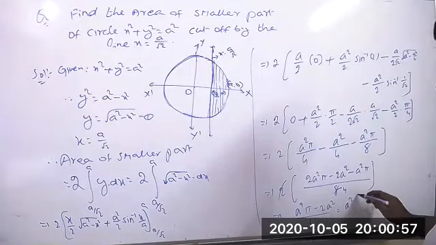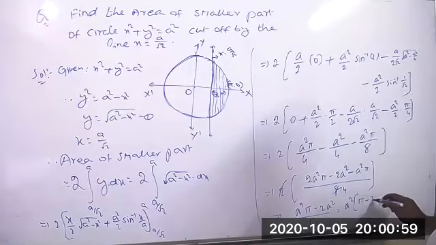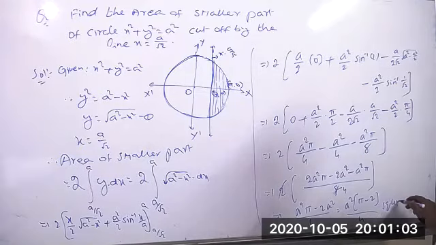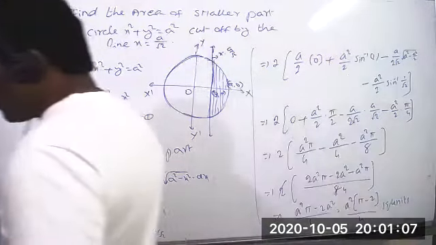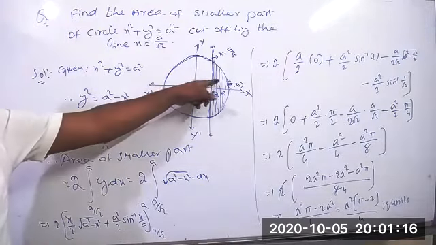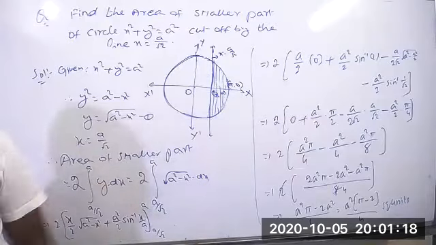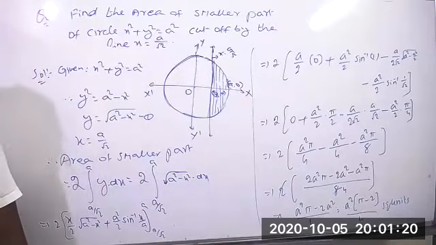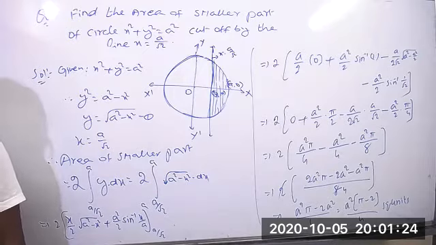If you want a square, you can take common now. This is a square into pi minus 2 whole by 4 square units. Square units. That is the value of, what is that? The area of the smaller part. The area of a smaller part enclosed by a line and a circle.